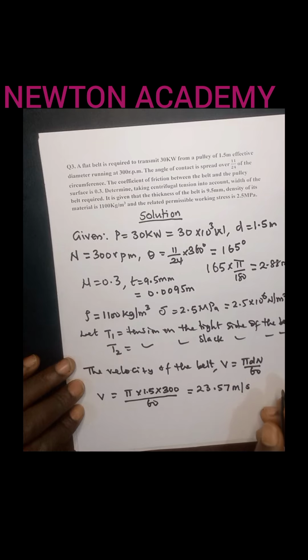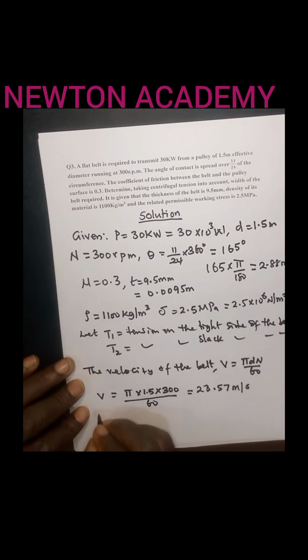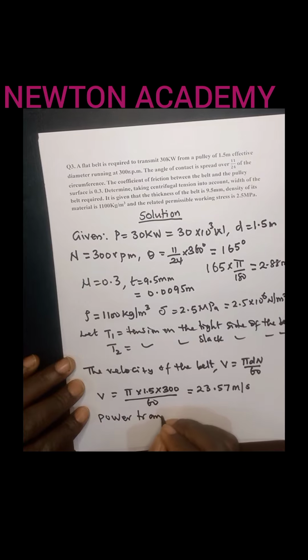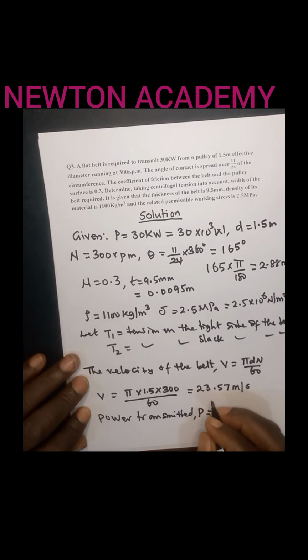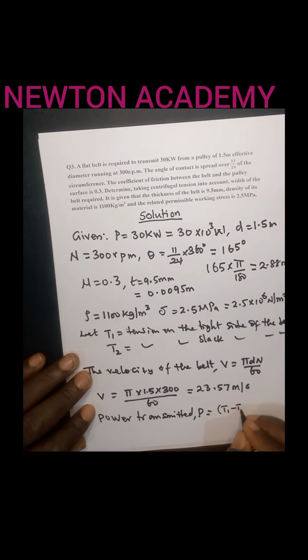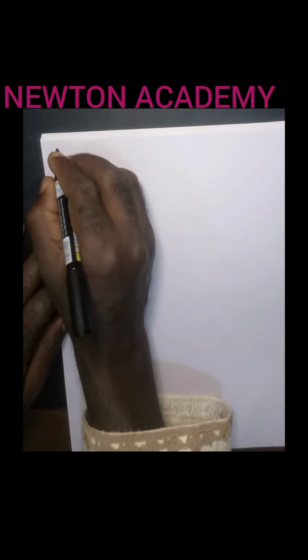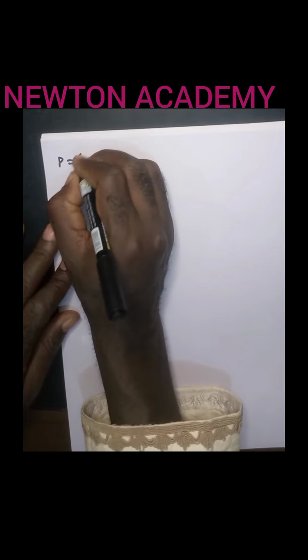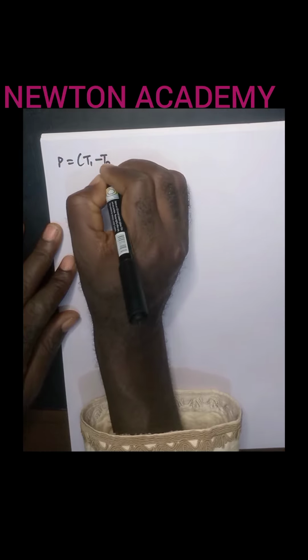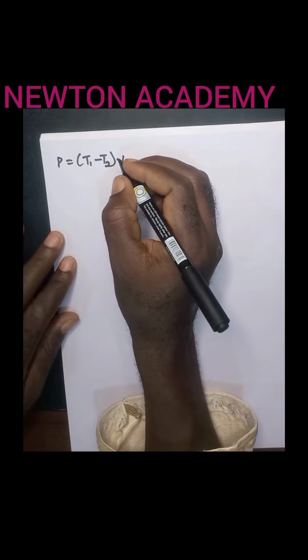Then we know that the power transmitted, P, is equal to T1 minus T2 multiplied by the velocity.